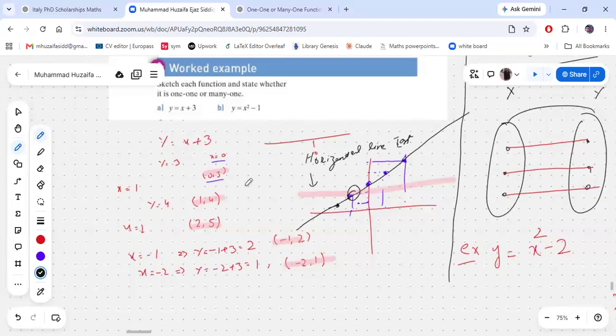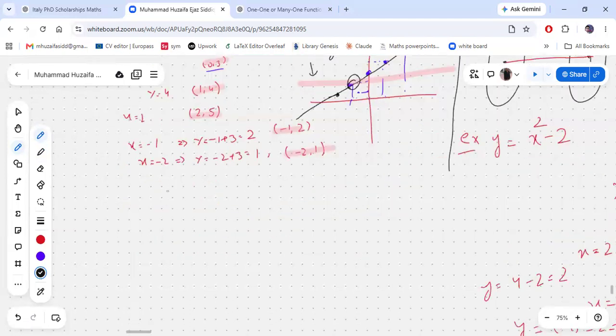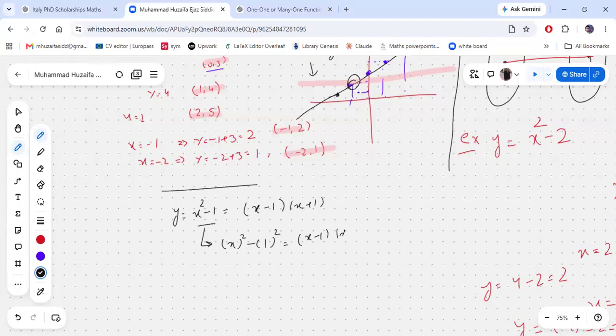And on the other side, the second example, y = x squared minus 1. If I factorize it, so it is (x - 1)(x + 1). How am I making this? Look at here. This is x squared, this is minus 1 squared, which is equal to 1. So this is (x - 1) and (x + 1).